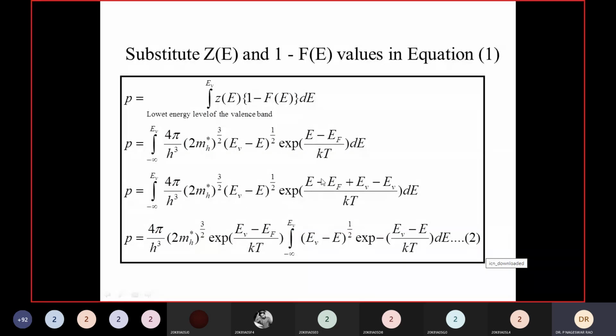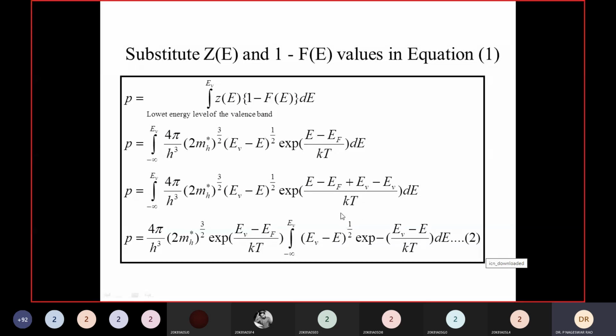Exponential of EV minus E is what we have to make. For that, I am adding and subtracting EV, so that EV minus E stays inside.